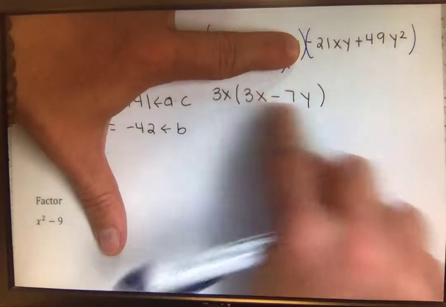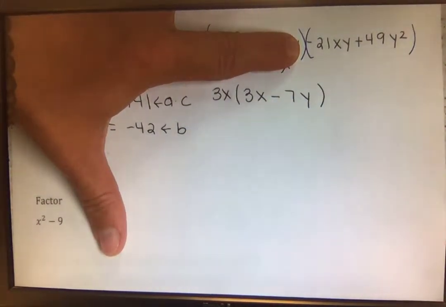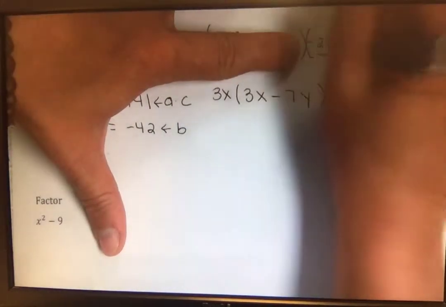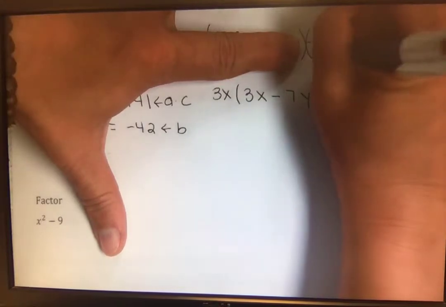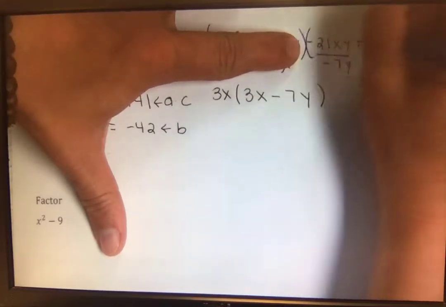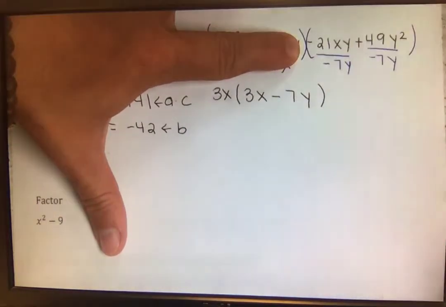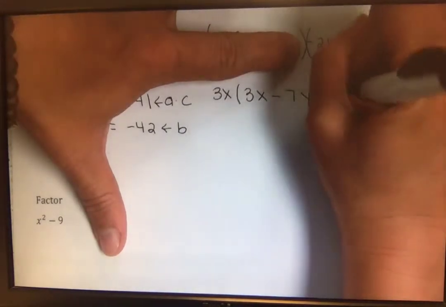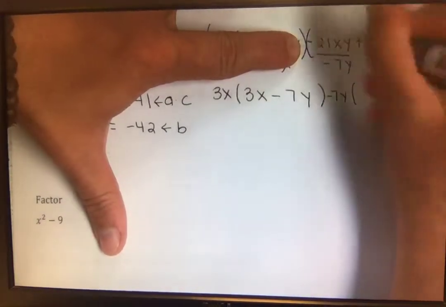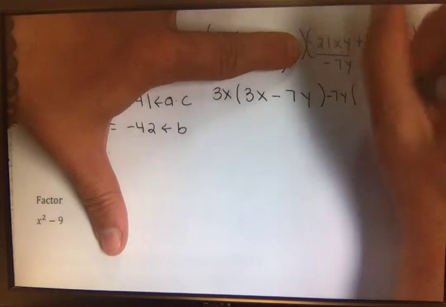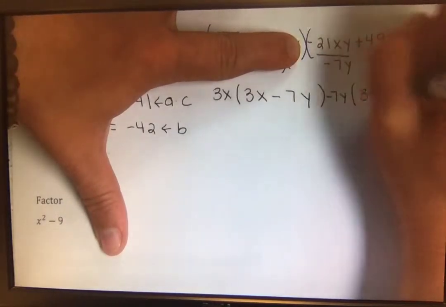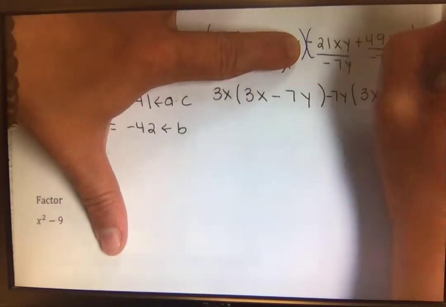Remember, I want positive 3x minus 7y to be left over. So let's factor out a negative 7y from both terms. They both have a negative 7y in common. Factoring those out, we are left over with positive 3x minus 7y.